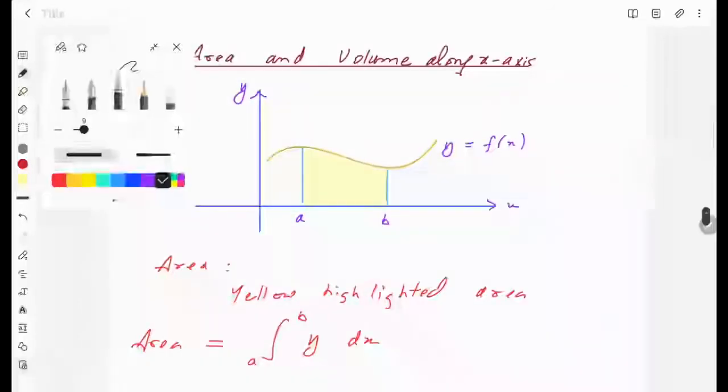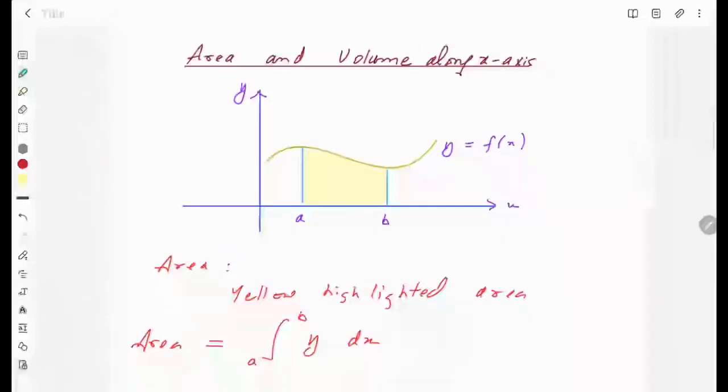Now we come to application of integration. So first topic is area and volume along x-axis.